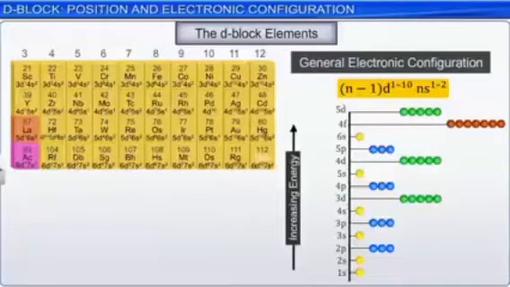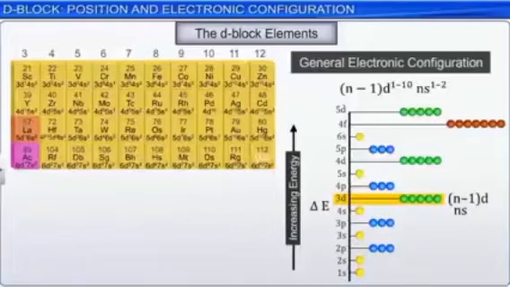This generalization has several exceptions, because the energy difference between the ns and (n-1)d orbitals is small, and the transition of electrons between ns and (n-1)d takes place readily.